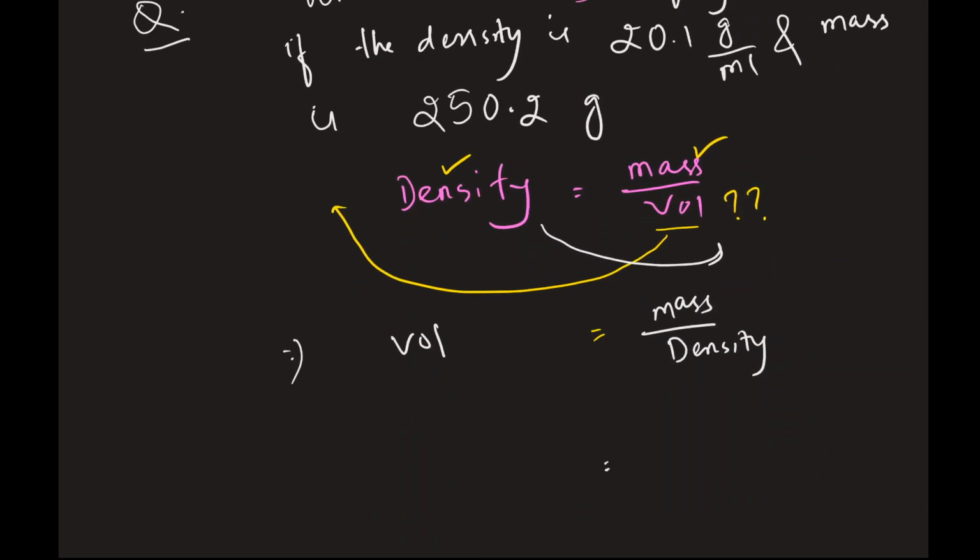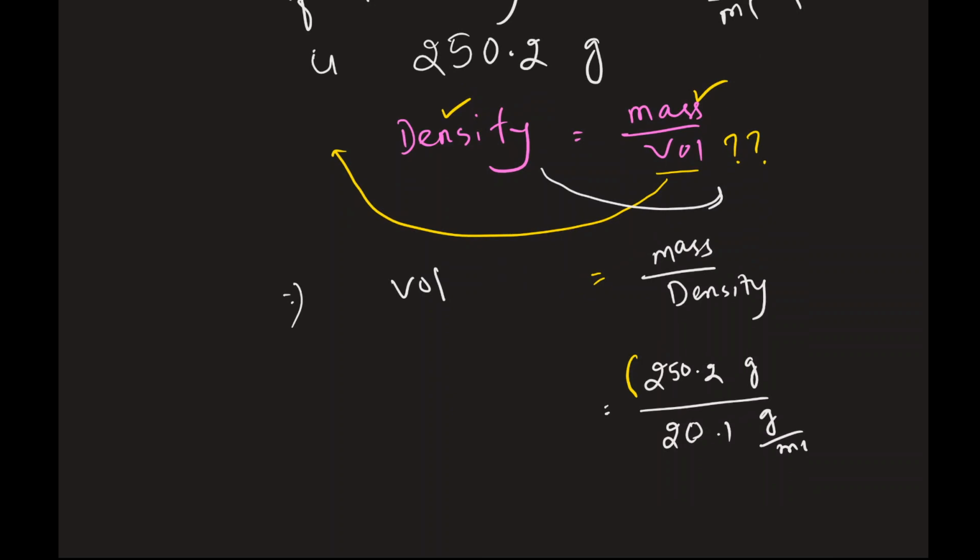So what was the mass? Oh no, sorry. The mass is 250.2 gram and the density is 20.1 grams per milliliter.